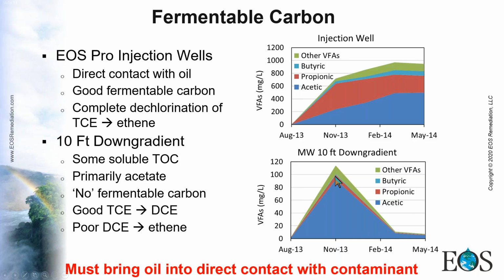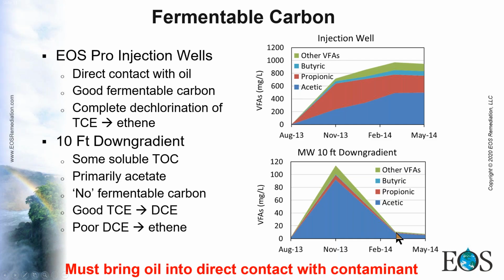Here, yeah, we've got a little bit. Number one, look, versus here, this is 1,200 milligrams per liter. Here it's 120. So the maximum TOC is an order of magnitude lower, just 10 feet down gradient. And of that TOC, over 90% at best is acetate.